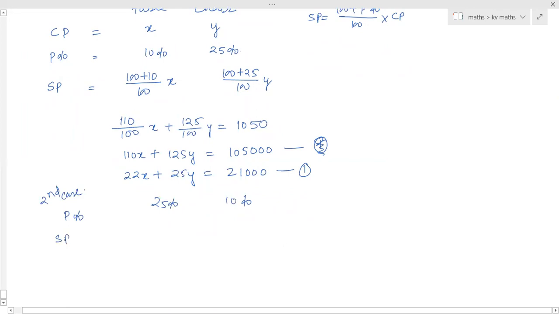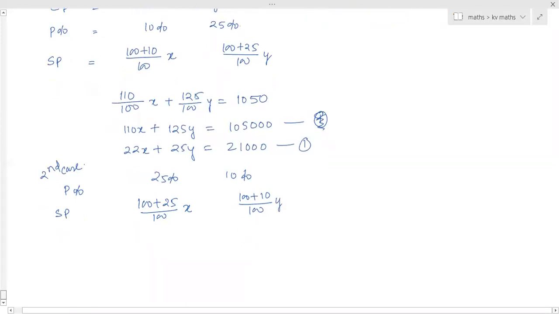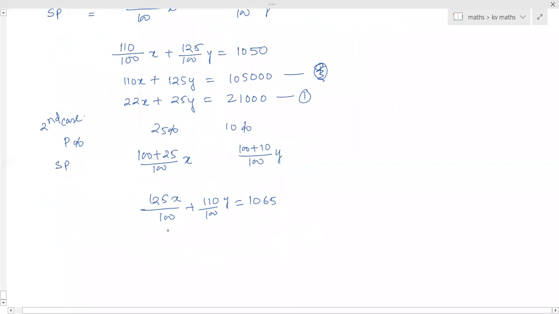Now what are the new SP values? 100 plus profit percent by 100 into CP, that is X, and 100 plus 10 by 100 Y for the chair, and altogether 1065. So 125x by 100 plus 110y by 100 is equal to 1065. The denominator is same, so directly add it.